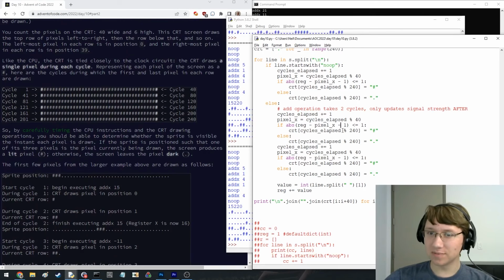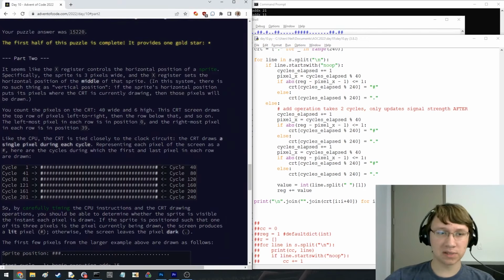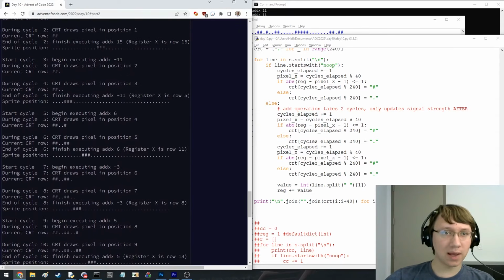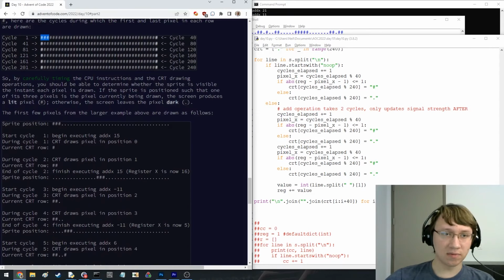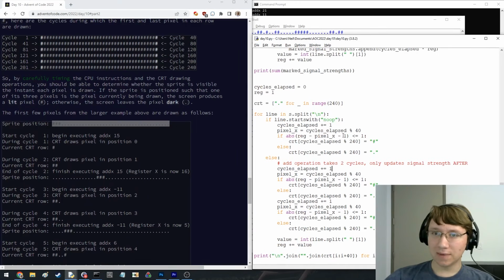Well, so basically, if you just nop the whole time, what does it do? It should draw a three wide column, I think, right? That's my assumption, because it just starts here. If you do this, then what does my code do?